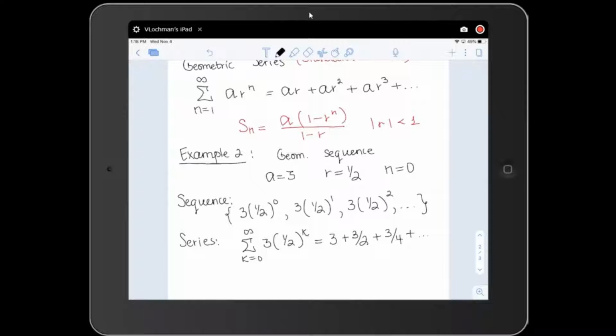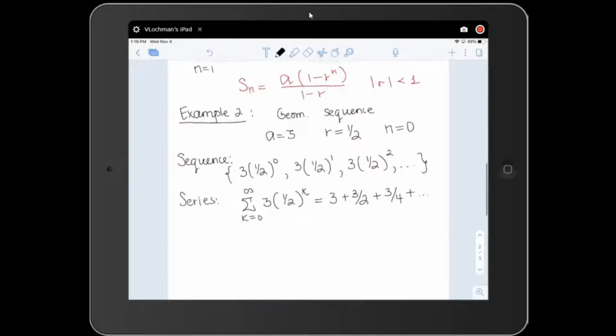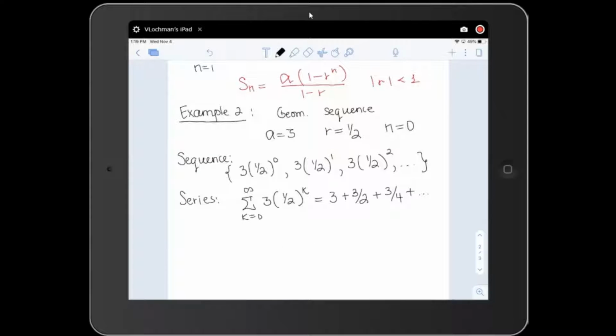So the question is, does this series converge? And if it does, what does it converge to? What do we do? We can take a look at the partial sums. The first partial sum is 3.